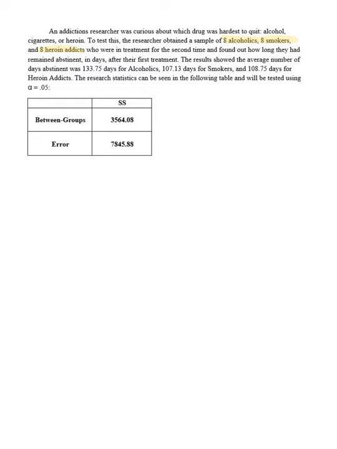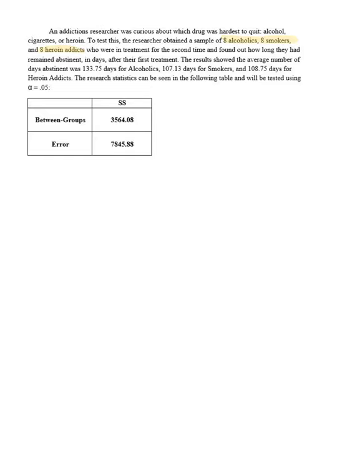Nicotine is a drug, and it is addictive. So those are our groups. Technically you can be an alcoholic, a smoker, and a heroin addict all at the same time, but they are specifically stating they obtained a sample of 8 alcoholics, 8 smokers, and 8 heroin addicts. So those are 3 different samples with different people in each. So the total amount of people that they had was 24, because they have 3 different groups.